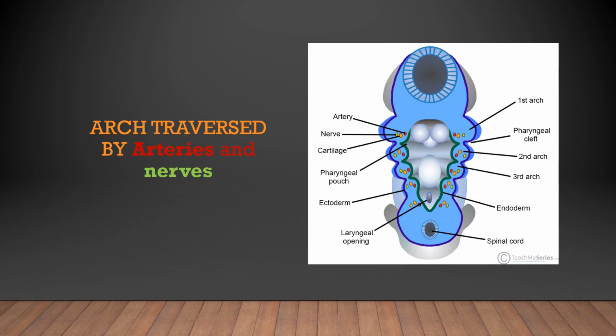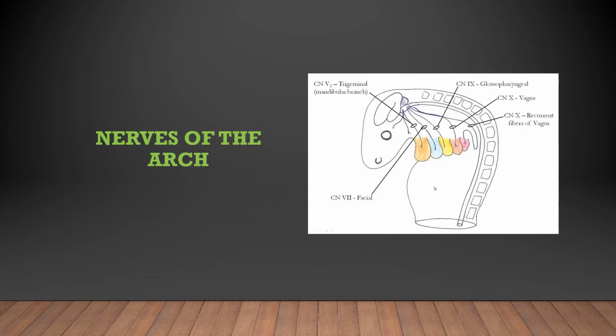So this is the arch. This arch is traversed by an artery and nerves. We will see what arteries and what nerves appear in the arches. First, we will see the nerves in the arches.